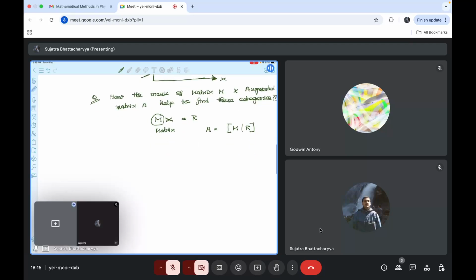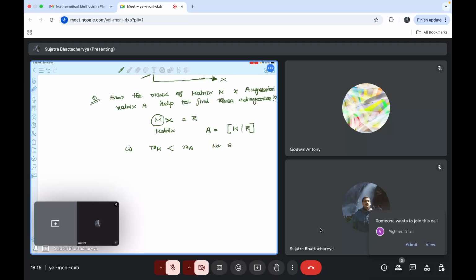Okay, so for this we have certain observations. Based on that we can see. Suppose this is the rank of M. Rank of M, if it is less than the rank of the augmented matrix, then we can say that there is no solution.